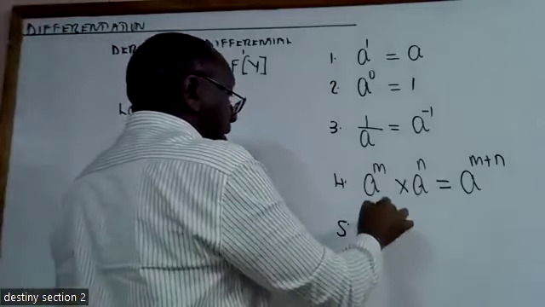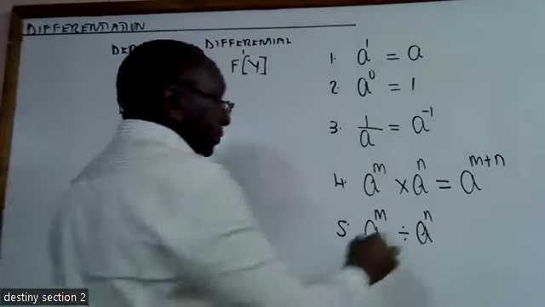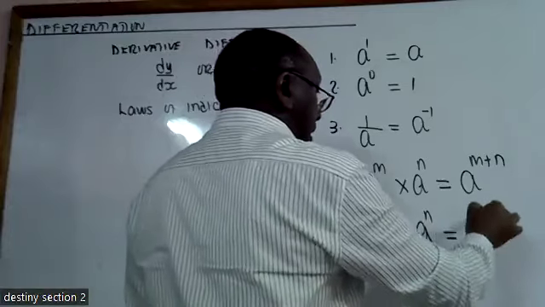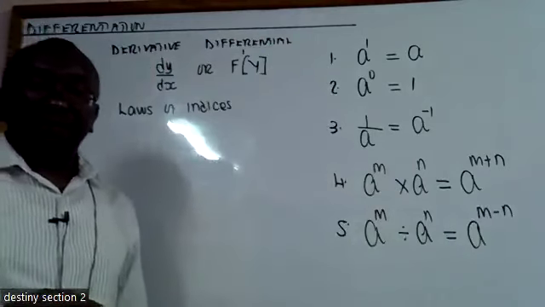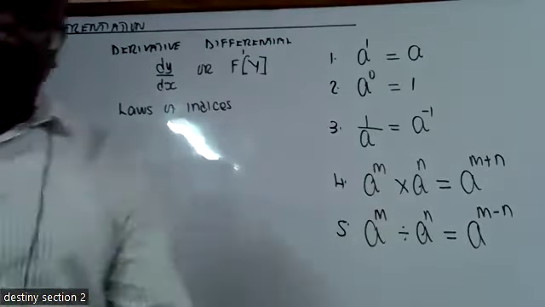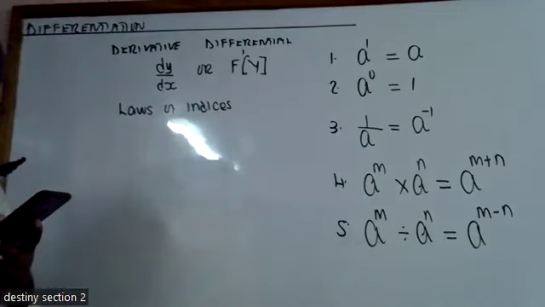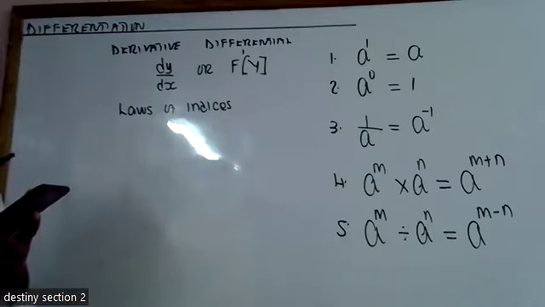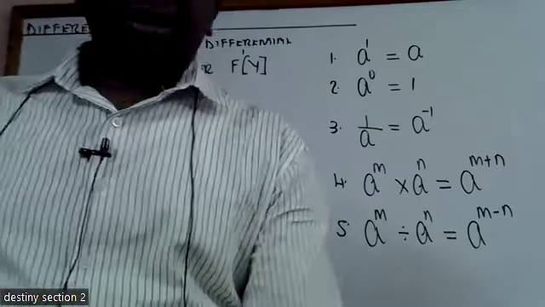And if you are given a^m divided by a^n, it is a^(m-n). So those rules are very, very important. The rules of indices.